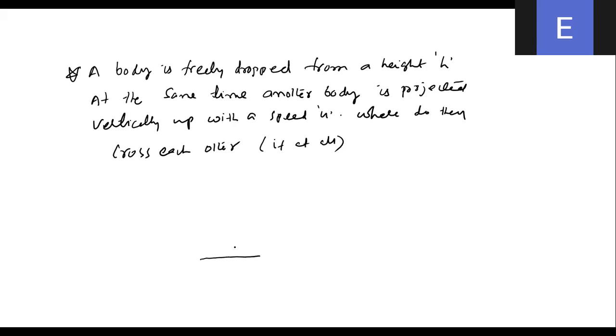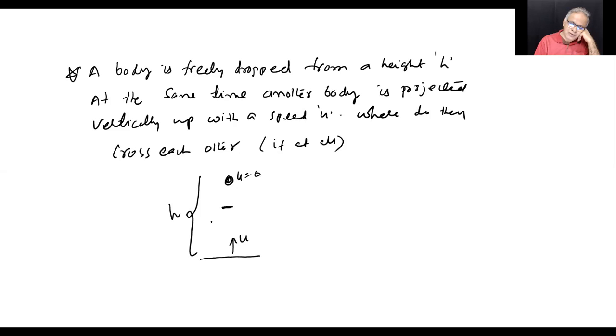Sir, since the first body is freely dropped, S would be half g t square. Shall I say they may meet here after time t? So you may say this is falling by x, so the other will go up by h minus x in meeting, isn't it?